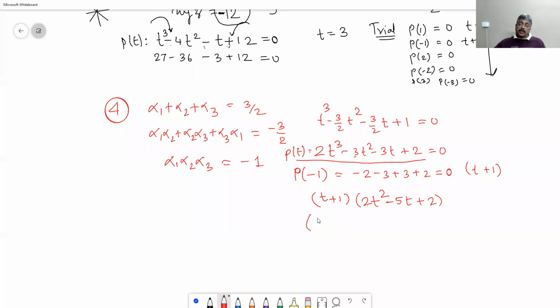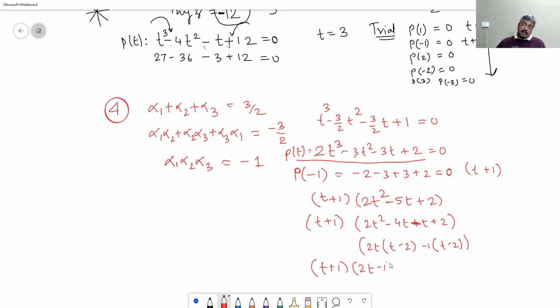So t plus 1, and then 2t square minus 4t plus minus t plus 2. 2t common, t minus 2, minus 1 common, t minus 2, makes it t plus 1, 2t minus 1, t minus 2. Therefore, t is equal to minus 1, 2 or half.